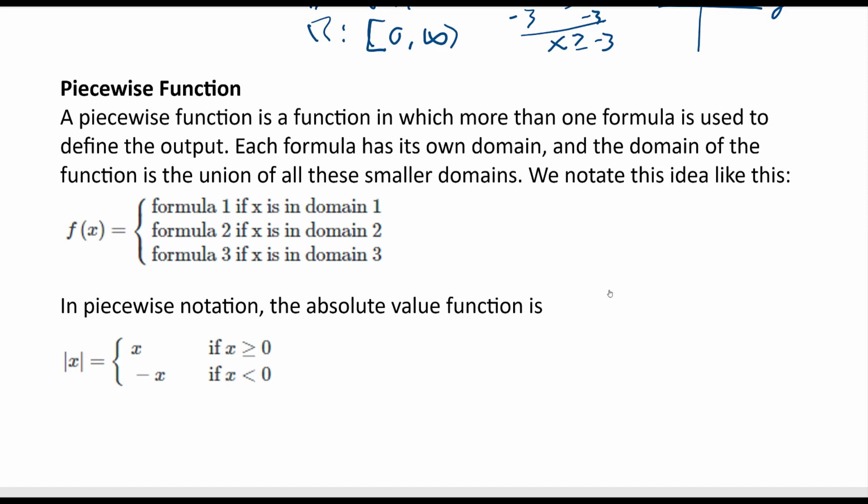So formula 1 if x is in domain 1, formula 2 if x is in domain 2, formula 3 if you have that many, if x is in domain 3, and there's no limit to how many formulas you can have. For example, the absolute value function is defined to be x if x is greater than or equal to 0, and it's the opposite of x if x is negative, because if x is like negative 5, the opposite of negative 5 would be 5.